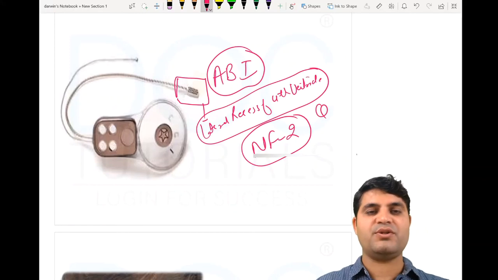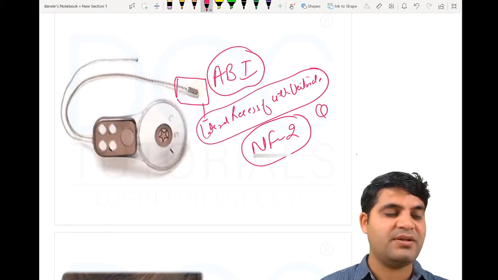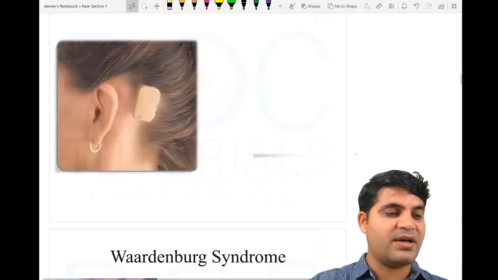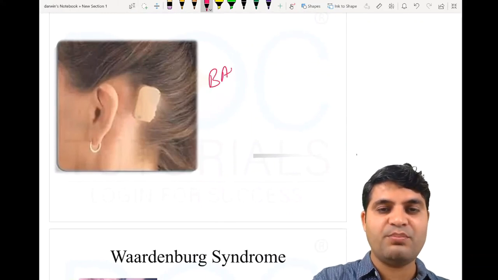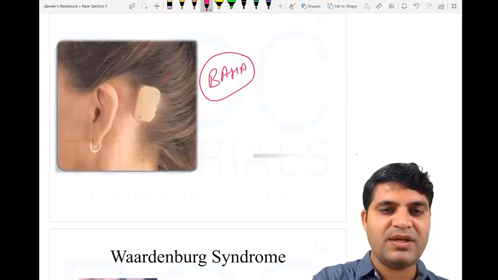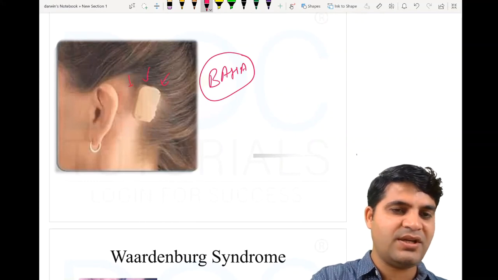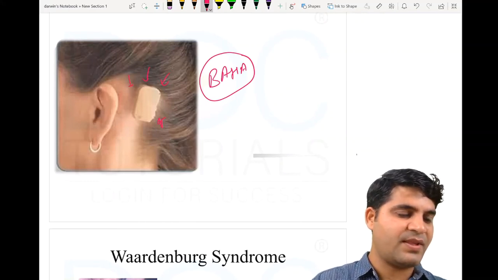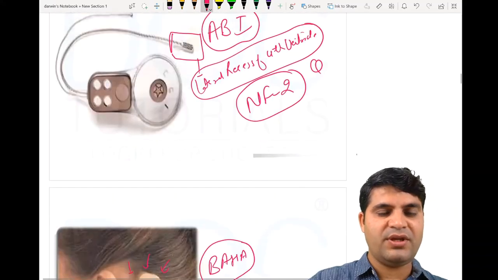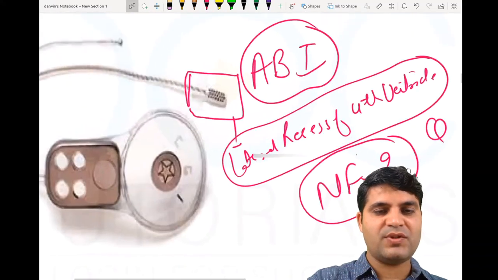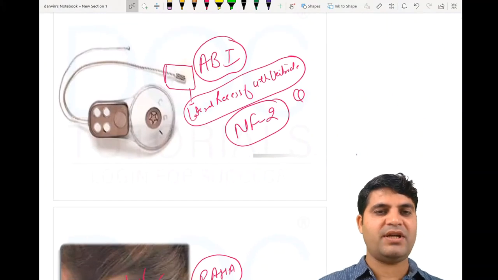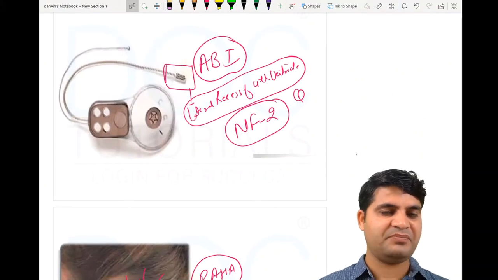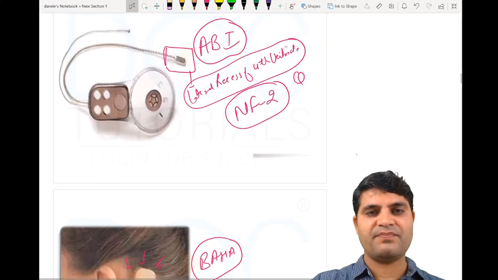So very important. So this is an auditory brainstem implant. And Sagar is asking, so this is Baha. Baha means bone anchored hearing aid. Veer is asking me to zoom in. So can you see? Yes, this is the plate of electrodes.